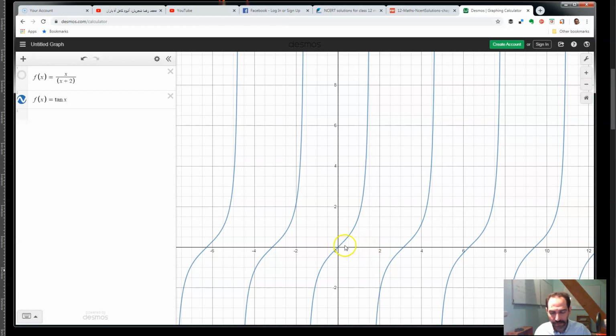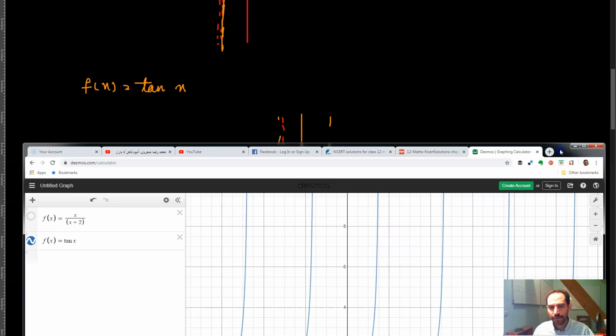So 1.5 in terms of pi, pi divided by 2 is something very close to 1.5, 1.6.